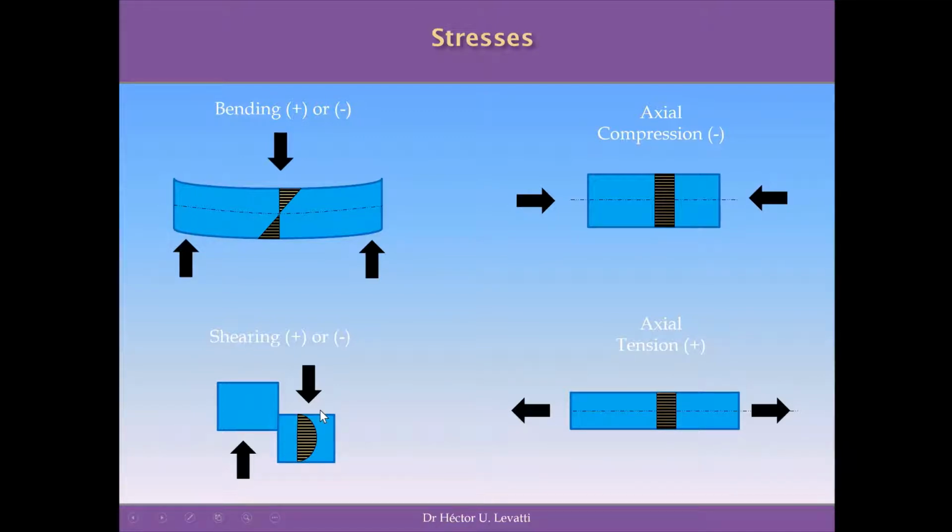The distribution of this shear stress is usually parabolic, especially in rectangular cross sections. Let's say for this first example, this is a rectangular cross section. So the distribution of the shear stresses is parabolic. So as a summary, the bending stresses have a linear distribution, compression and tension have constant distribution, and shear stresses have parabolic distribution.